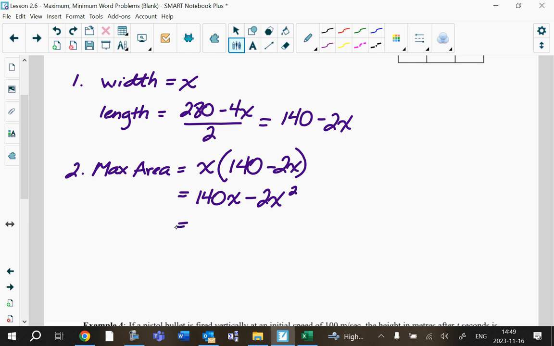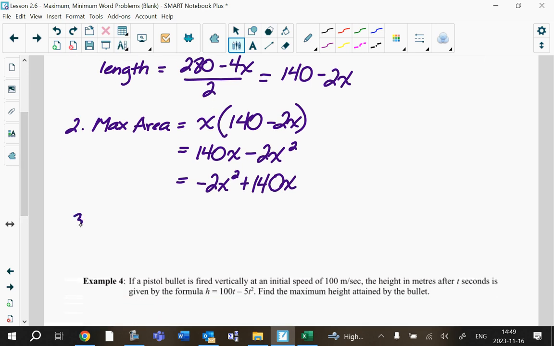Reverse the order so the x squared term goes first before you use your negative b over 2a. Now we're going to find x, which remember what we've called x. X represents the width. How do we find it?